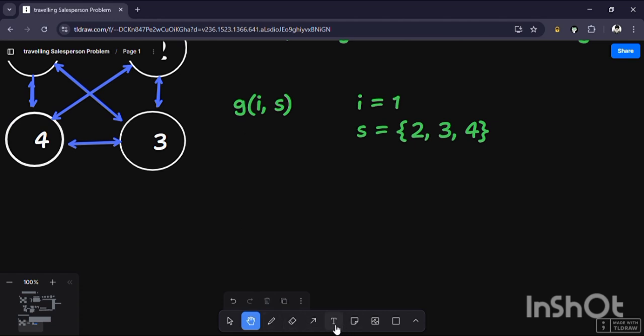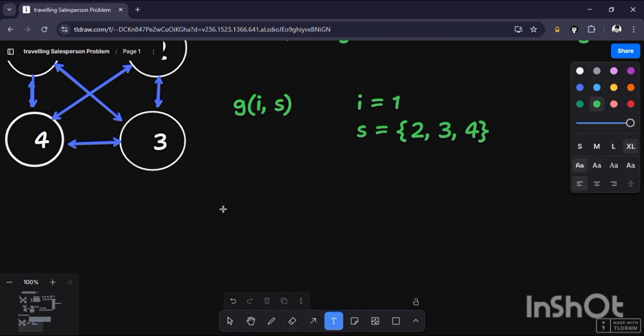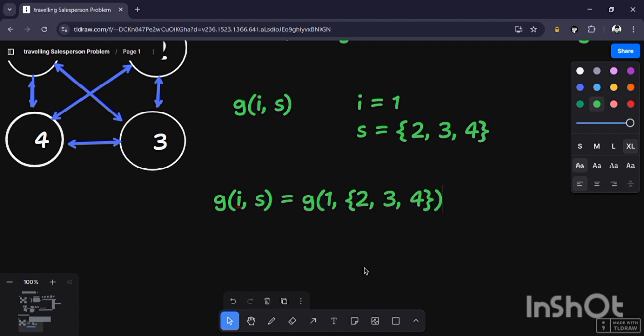So what will be the value of G of I comma S? G of I comma S will be equal to G of 1 comma {2, 3, 4}, right?